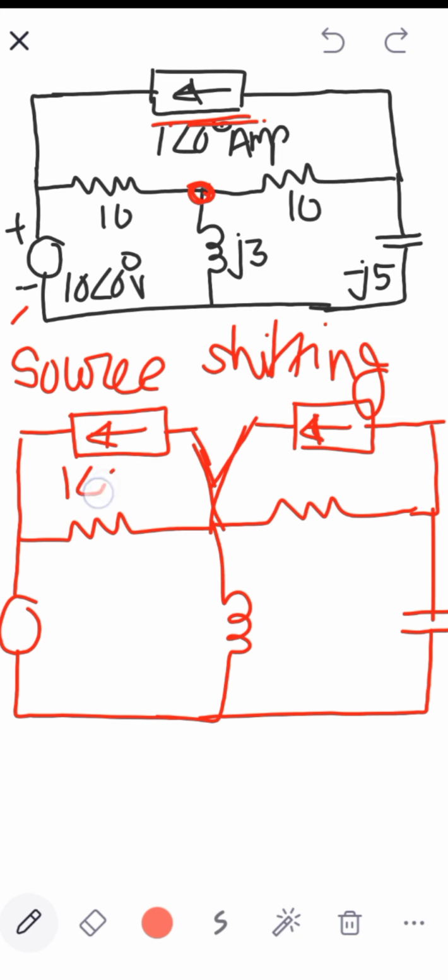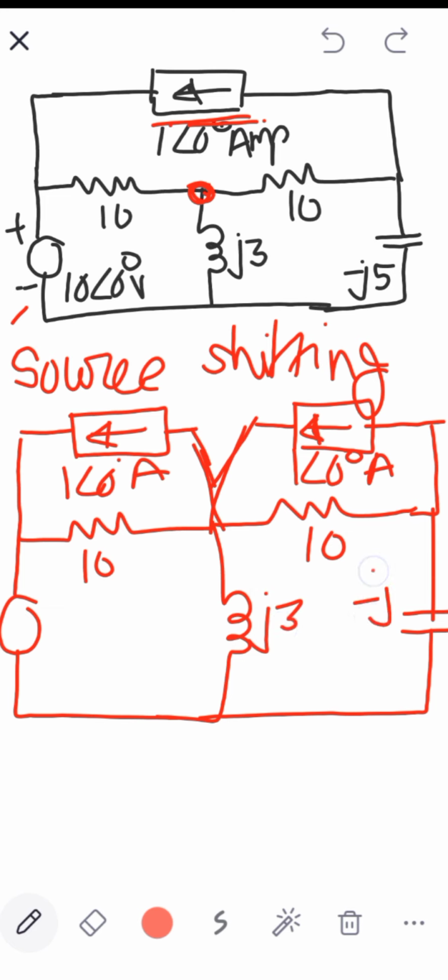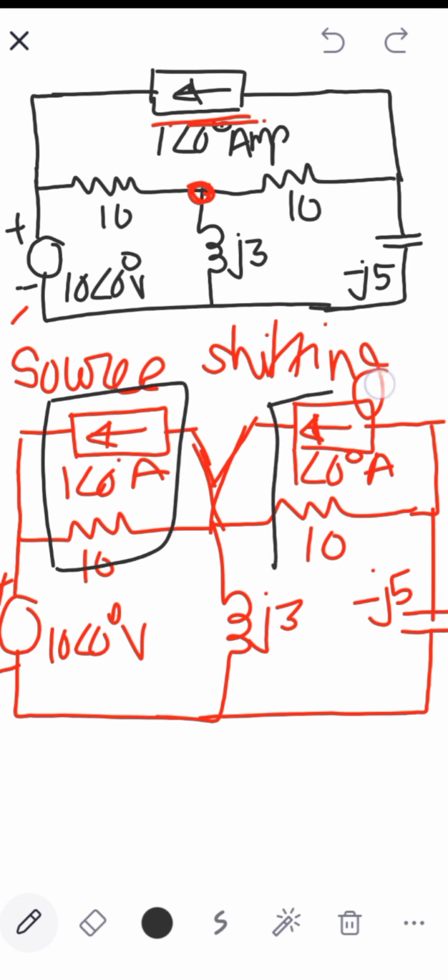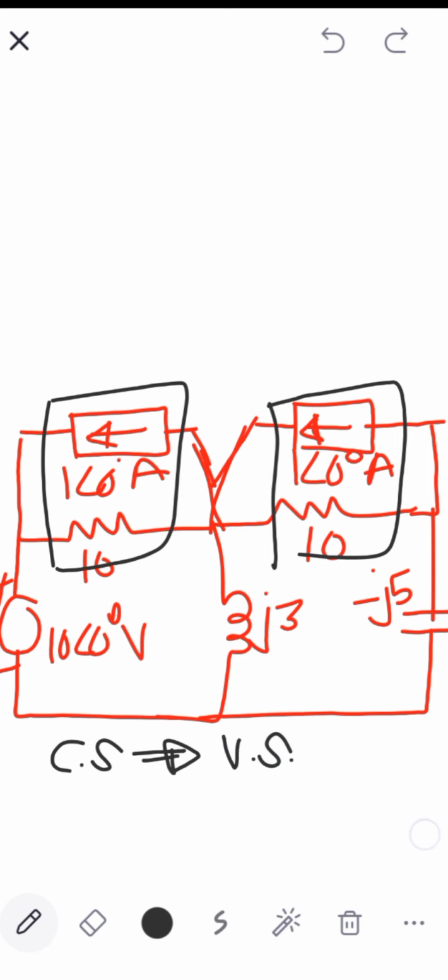1 at an angle 0 degree ampere, 1 at an angle 0 degree ampere, 10 ohm, J3 ohm, minus J5, and this voltage source as it is. Now you have to convert this current source into its equivalent voltage source. Do it fast.